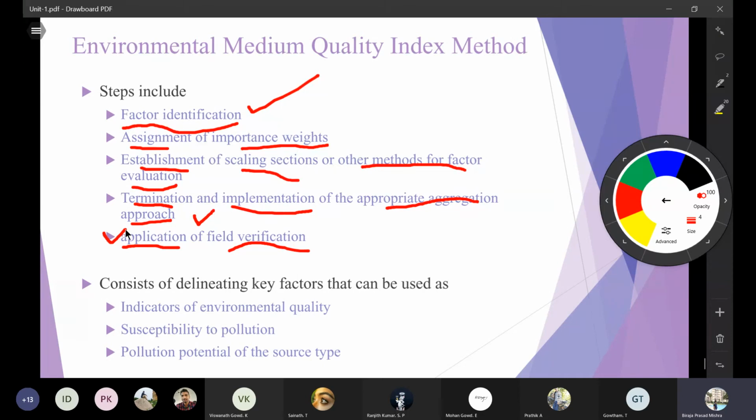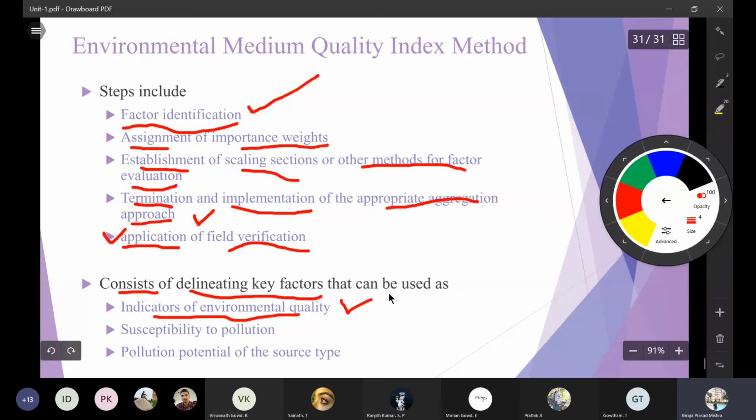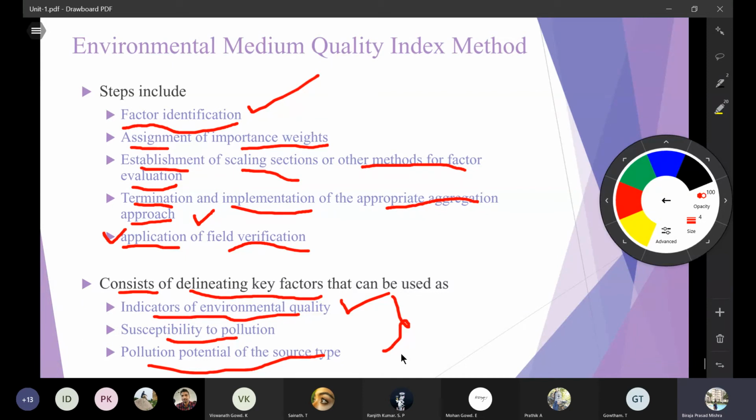It also consists of delineating key factors that can be used as indicators for environmental quality, susceptibility to pollution, and pollution potential of the source type. So this method can be used to show the environmental quality.